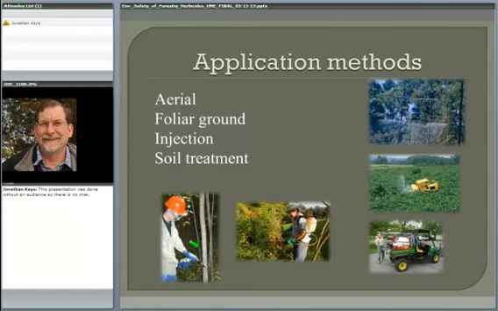So aerial is necessary and good in many cases, but if it's possible for us, economically and so on, we want to use the most focused, localized method possible, which would be the hack and squirt and maybe foliar ground application. But it just depends on the objectives of the land management. Sometimes it's not possible to use those methods.